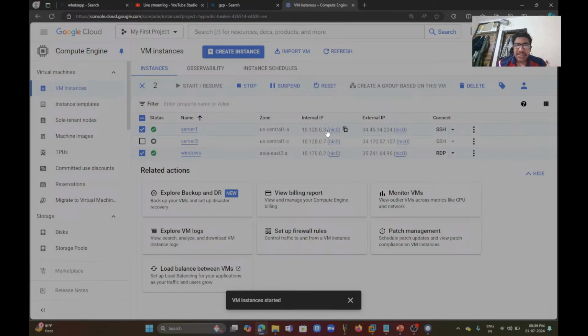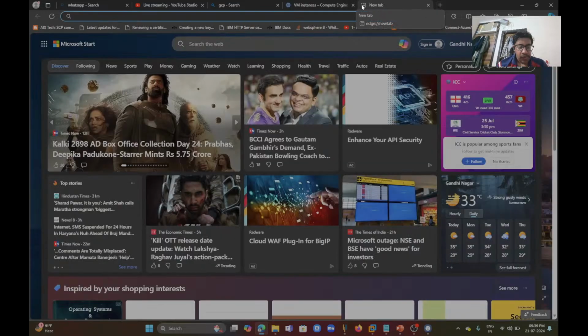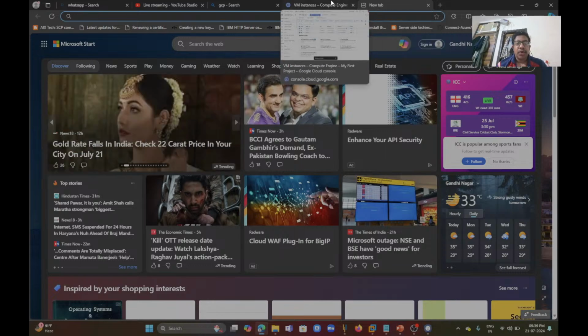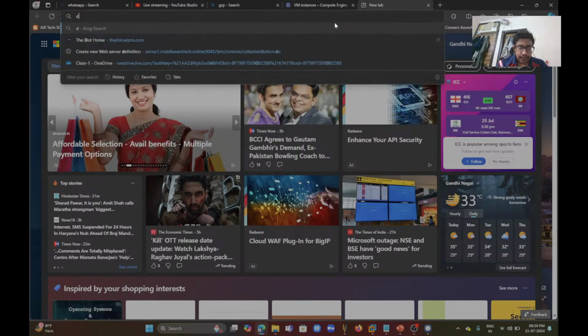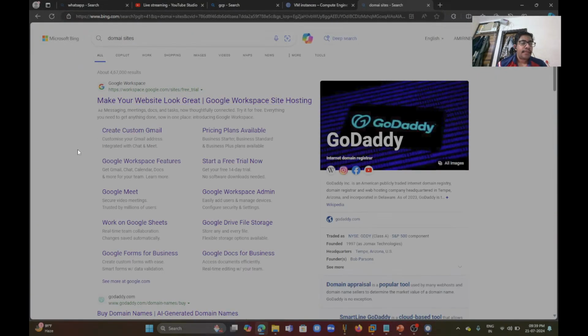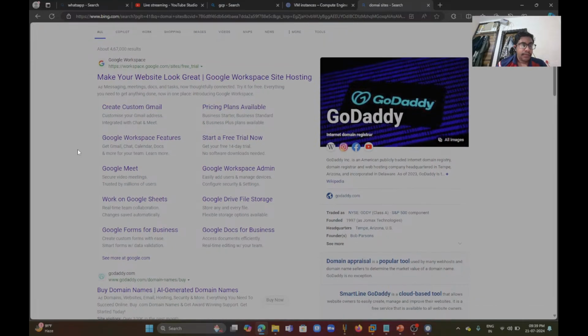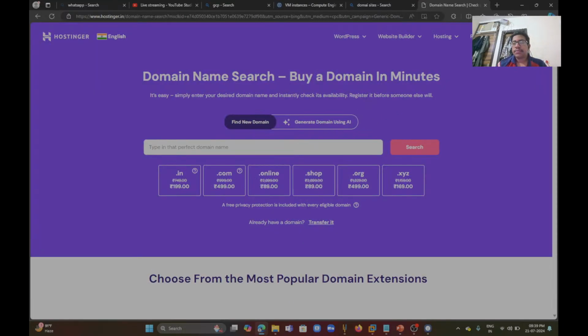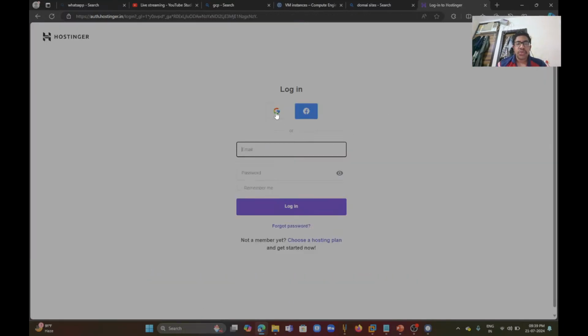After this, this is my internal IP address and this is the external IP address. I already assigned the domain. I bought the domain at the host provider. I will show you a sample.